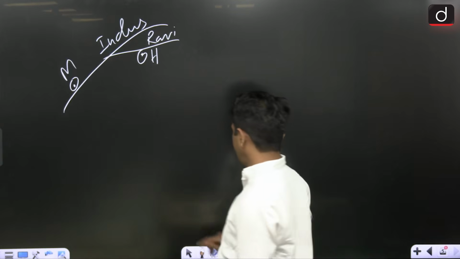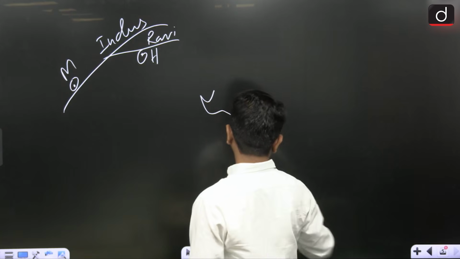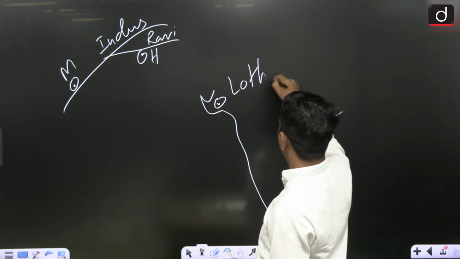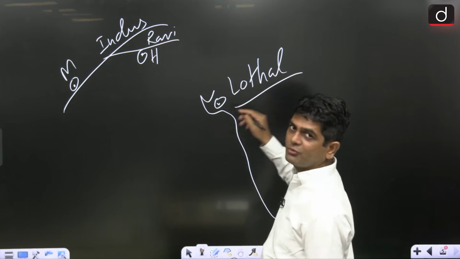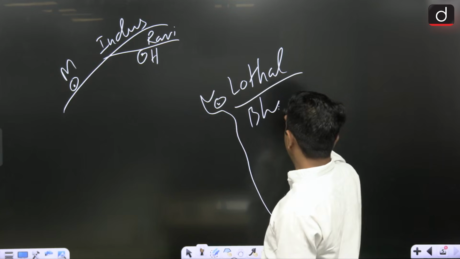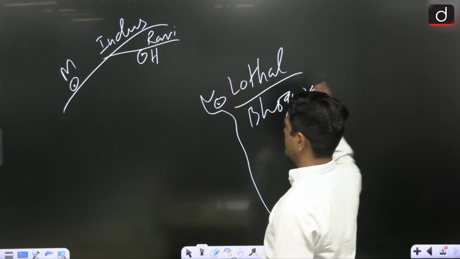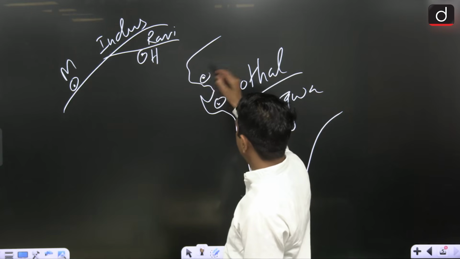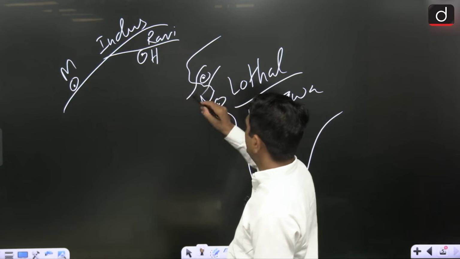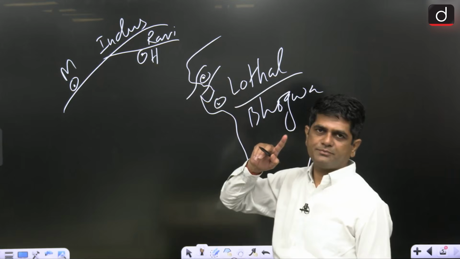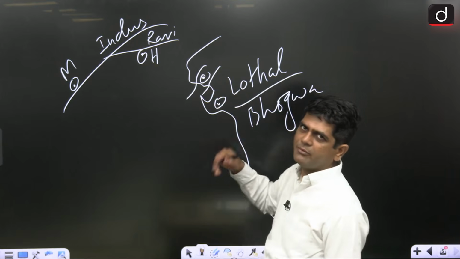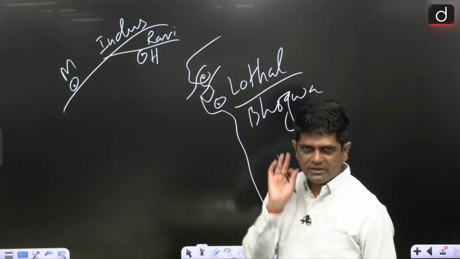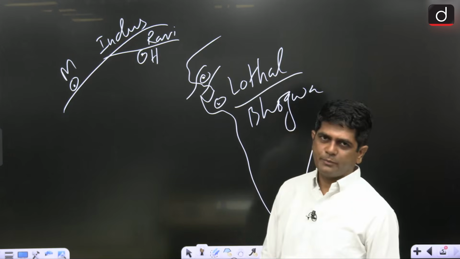Same way, Lothal was located near the Bhogwa river. Dholavira was located between the Manhar and Mansar rivers. Clear? This is the first part of Harappan town planning.